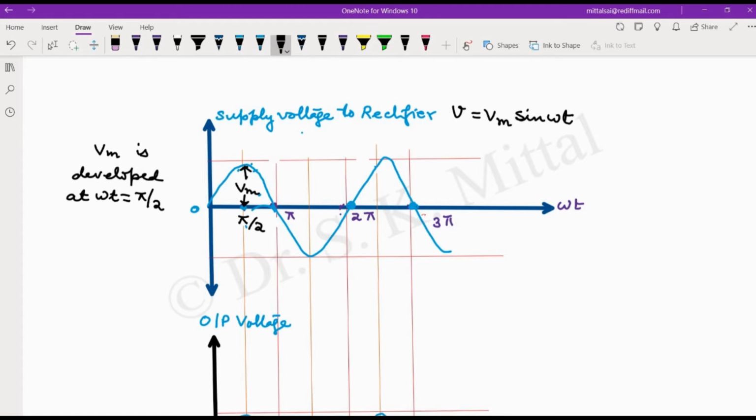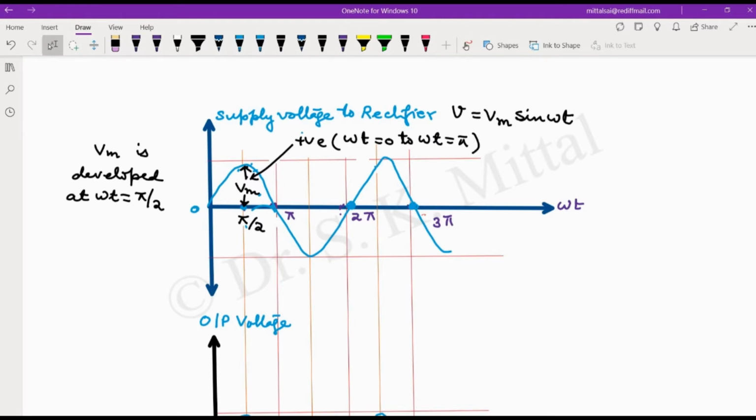Now this is the supply voltage waveform, and this is the positive half of supply which starts from omega t is equal to 0 and terminates at omega t is equal to pi.